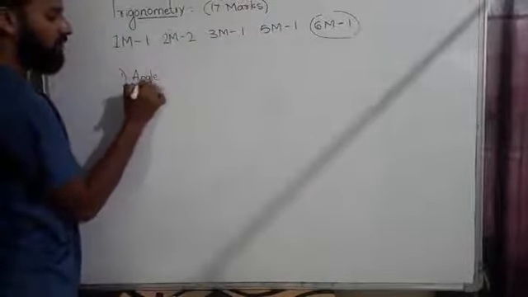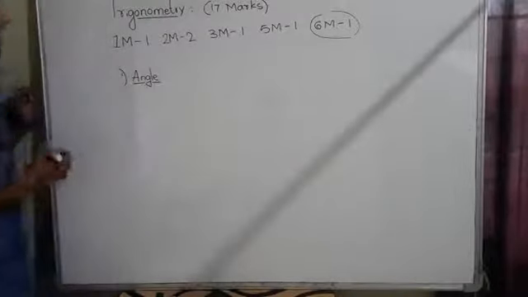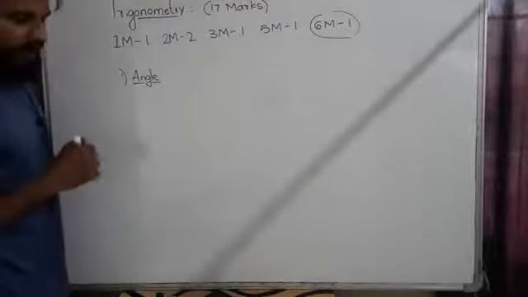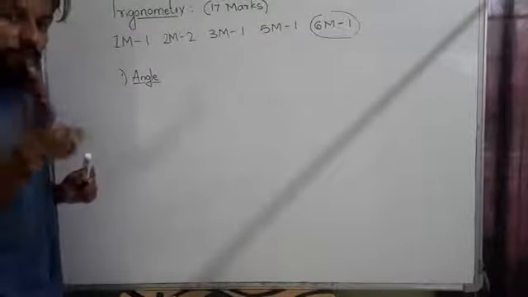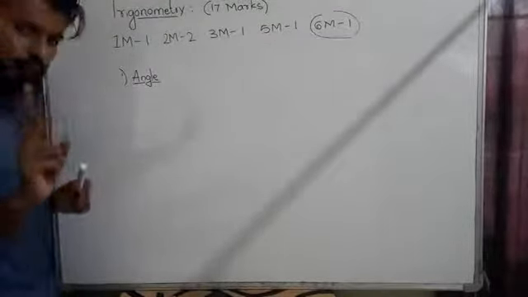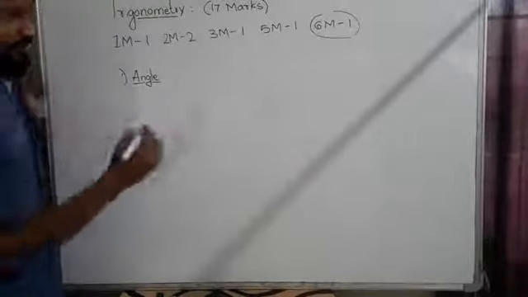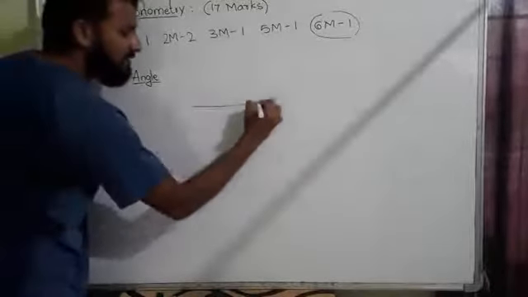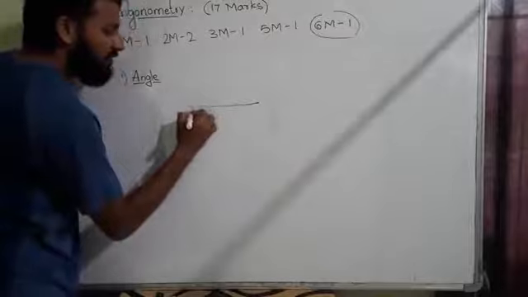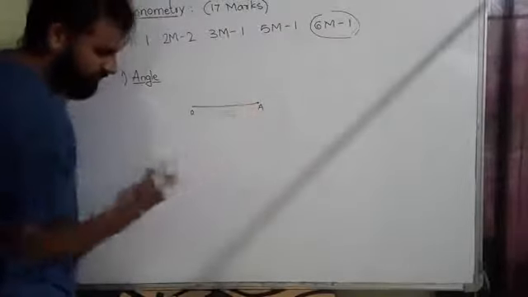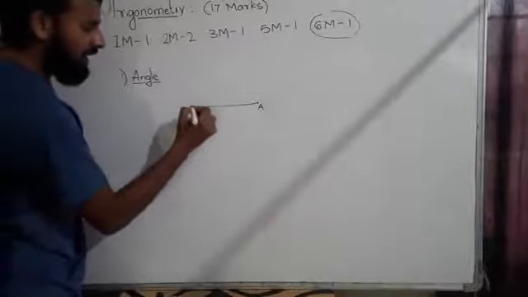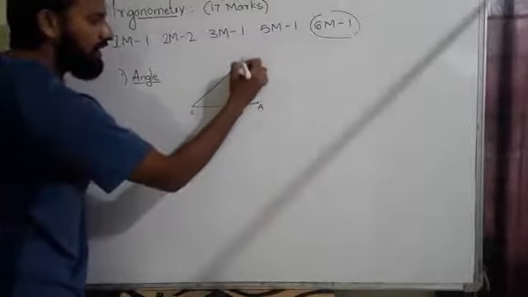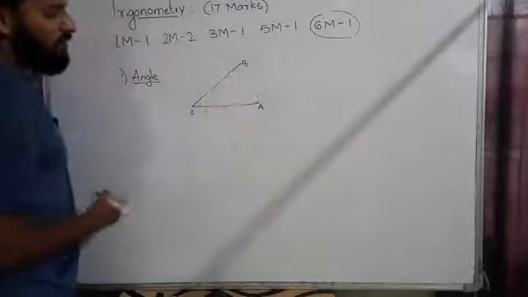First we will see what an angle is. In order to get an angle, I need to have two non-parallel lines, or two intersecting lines. Let's say this is my first line, let me call it OA. This is the initial line, and let me take one more line, that is OB.